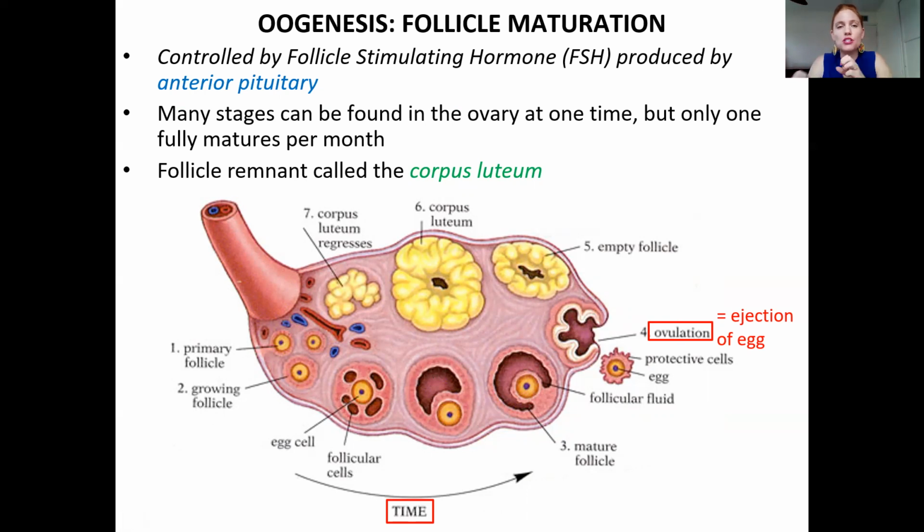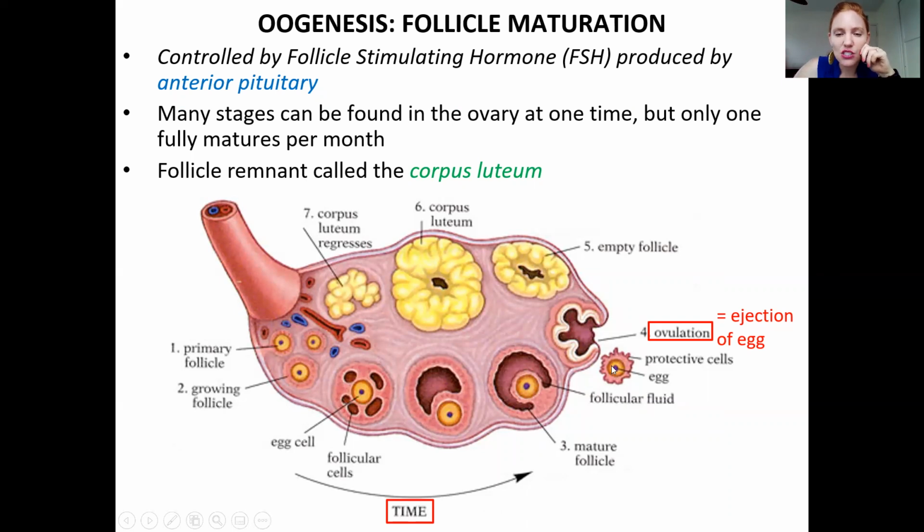So ovulation just means that the egg, the oocyte, is spit out of the ovary. The follicle just ruptures open. It's actually kind of traumatic a little bit. So the follicle ruptures open, and then the egg is spit outward. We'll talk about how it gets into the uterine tubes in just a second.